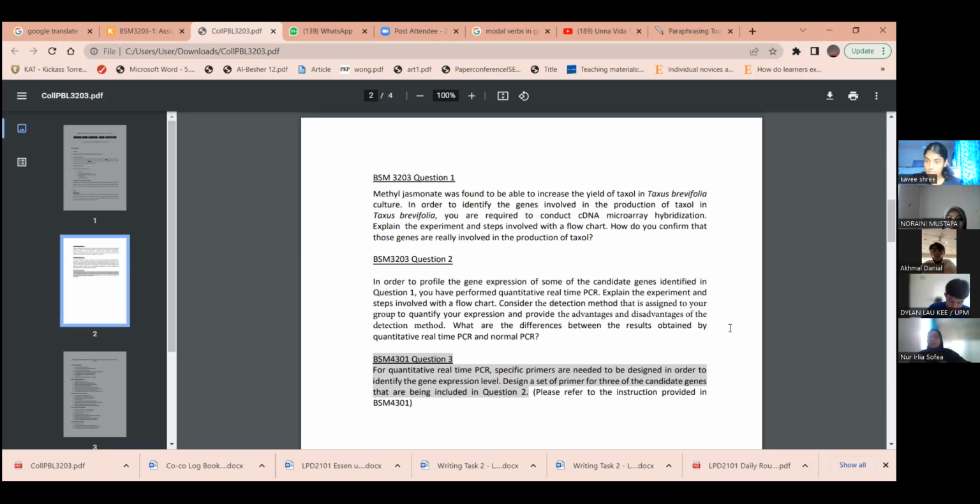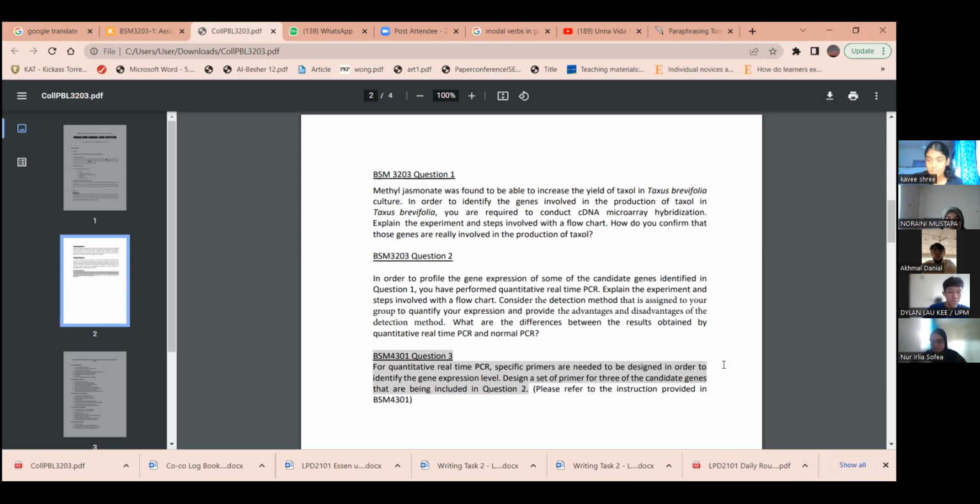If the gene was expressed more, we can see the color of the fluorescent dye, isn't it? If it was green, that means the gene was expressed more. If not, the gene was not expressed higher in the organism. So I guess that's how we explain it.